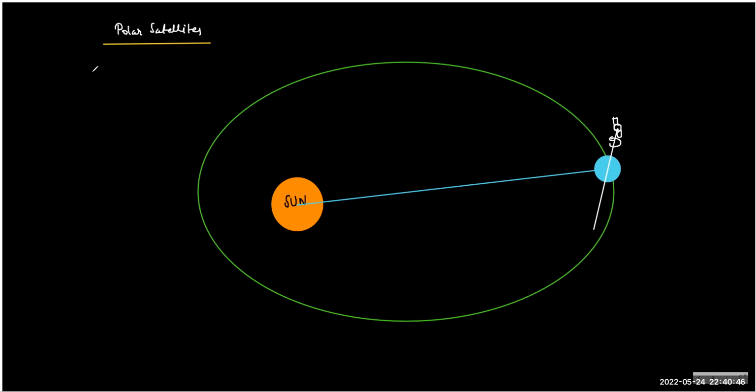So the time period of the polar satellite will be the same as the time period of Earth around the sun. That is 365 days and roughly 6 hours, right?